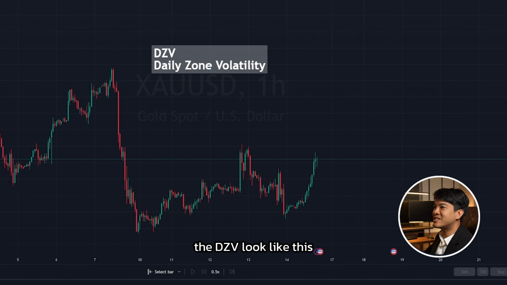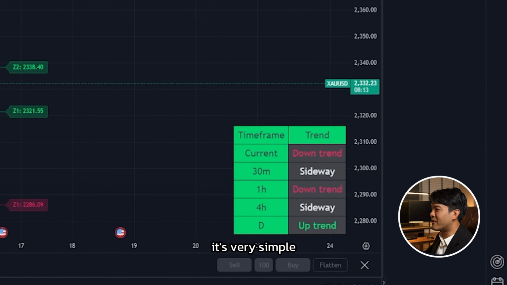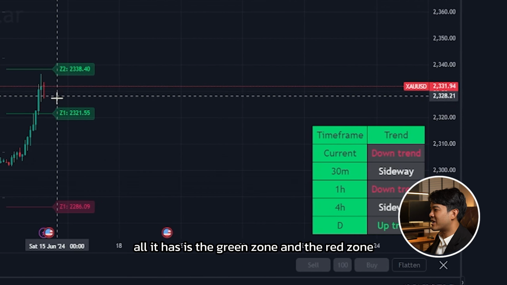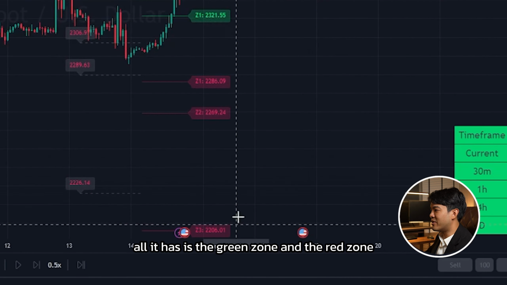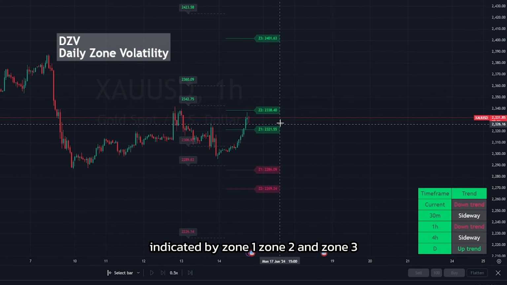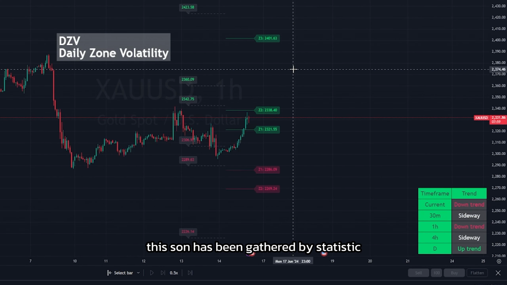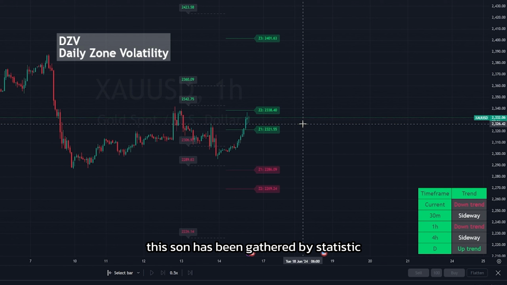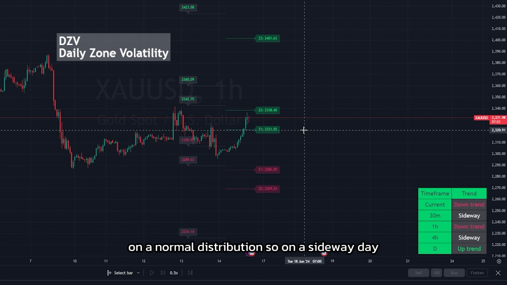The daily zone volatility looks like this. It's very simple. All it has is the green zone and the red zone, indicated by zone 1, zone 2, and zone 3. This zone has been gathered by statistics on a normal distribution.